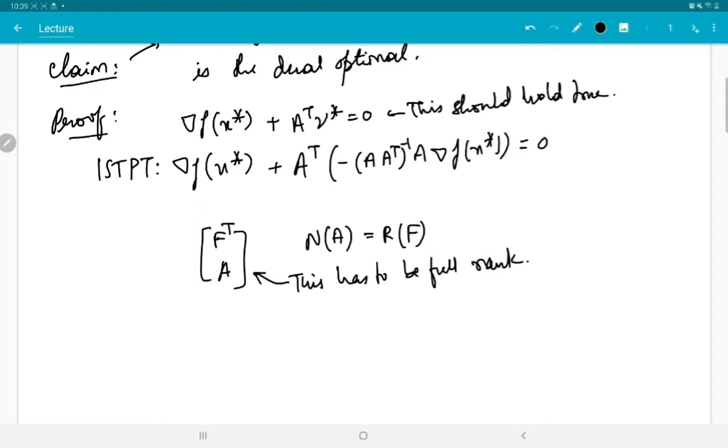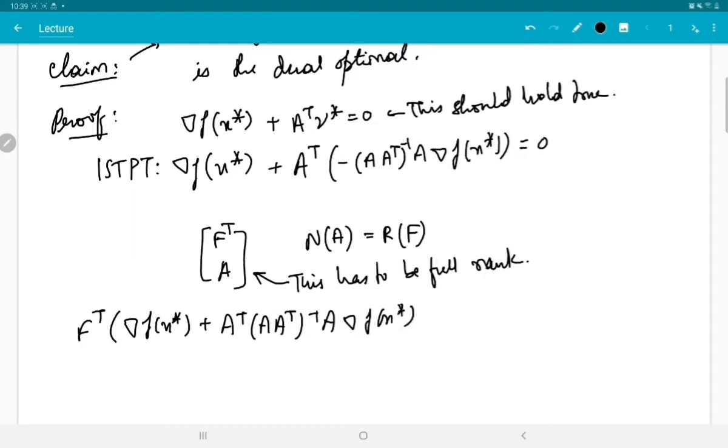The top block is F transpose times this entire term: F transpose del f(x star) minus F transpose A transpose (A A transpose) inverse A del f(x star).